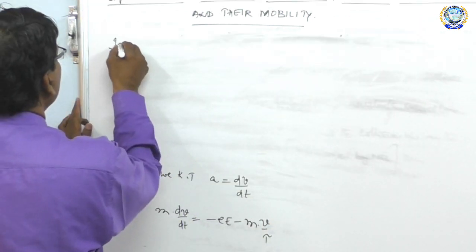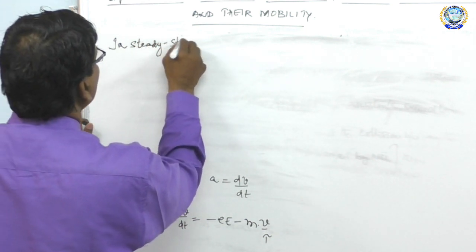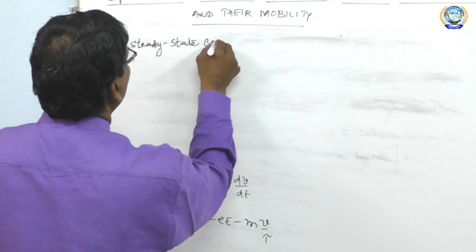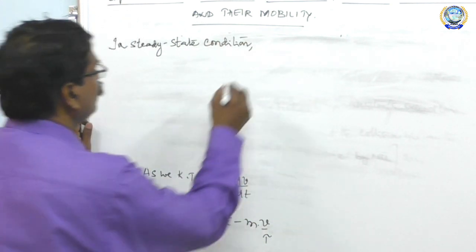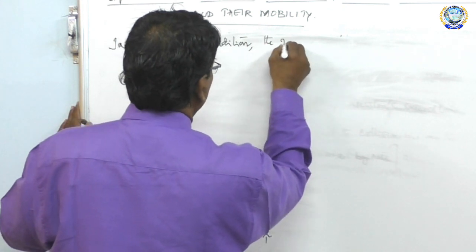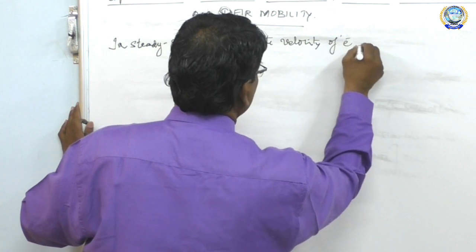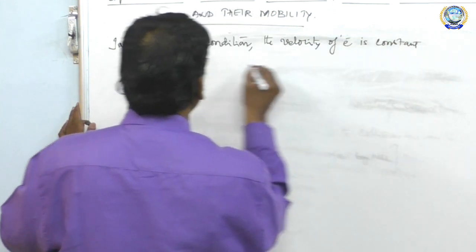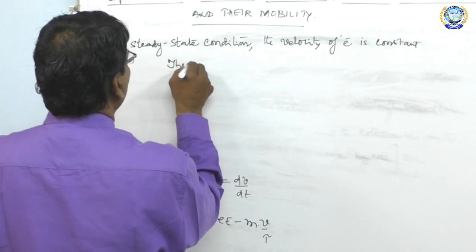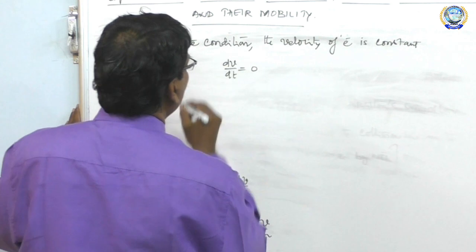In steady state condition, the velocity of the electron is constant, then dv by dt is equal to 0.